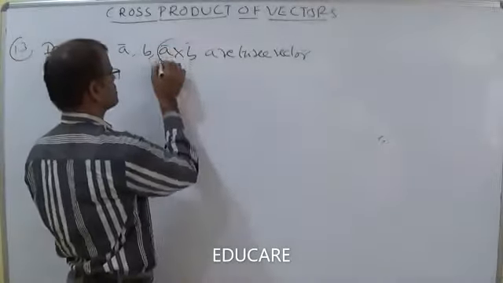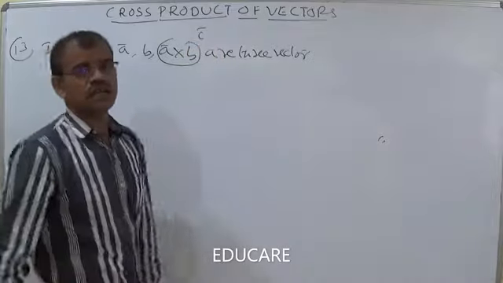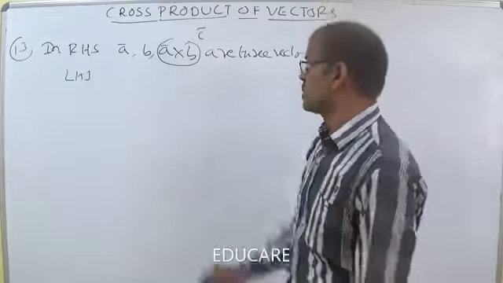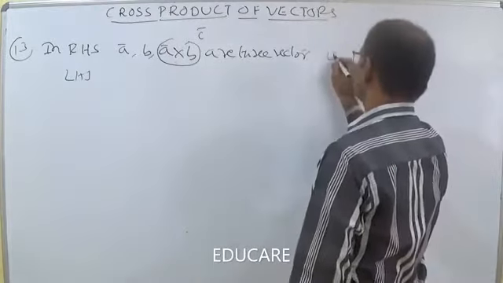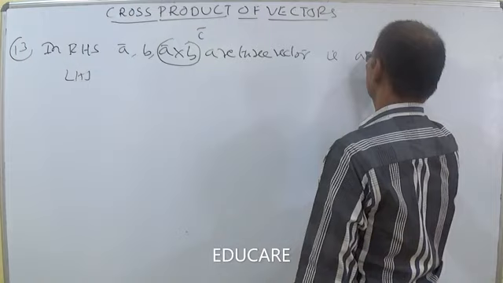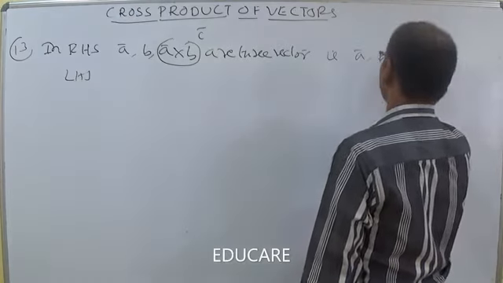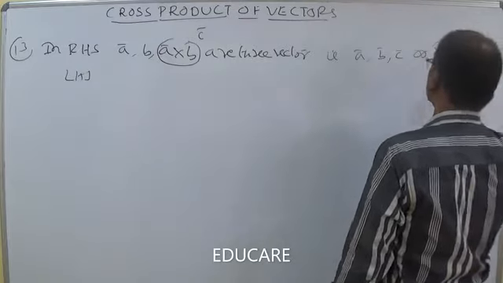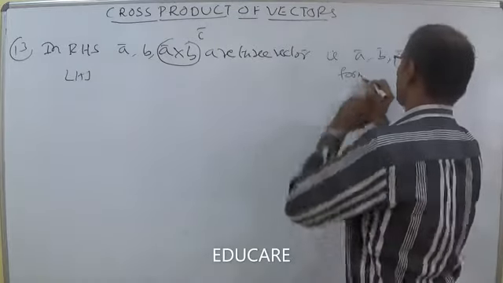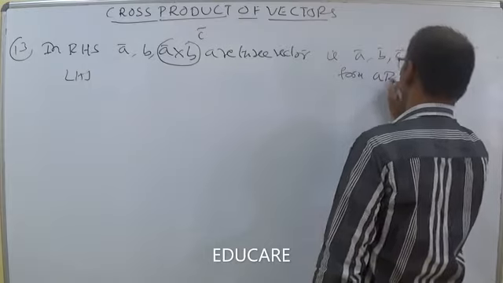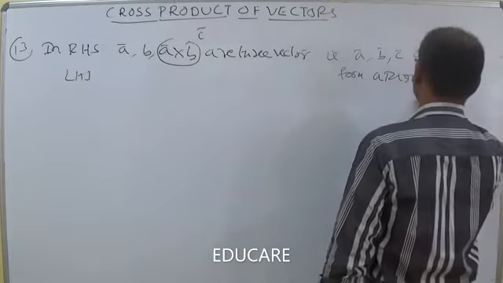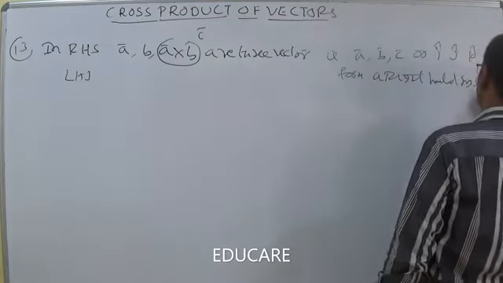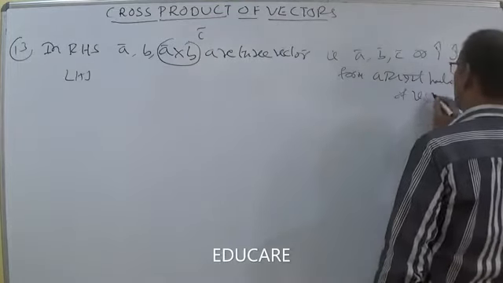It is nothing but C. I said that I cross J equals K, and K is the unit normal vector. A bar, B bar, C bar are I, J, K, and they form a right-handed system of vectors.